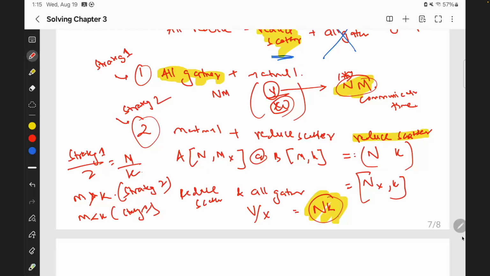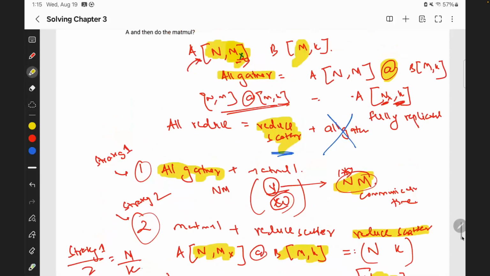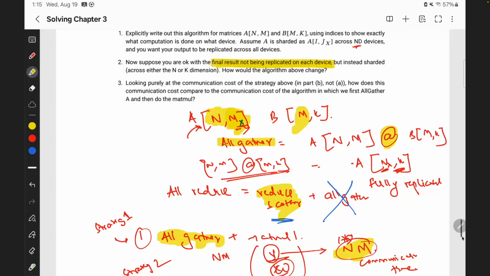But it also depends. Here, in this operation you are paying fewer flops and you are paying all of them in communication. But here, after you do an all gather, you have to pay the entire flop, and this flop would be 2nmk.